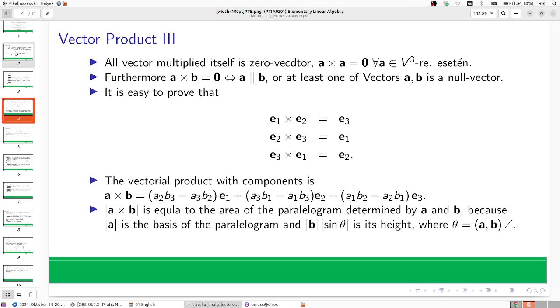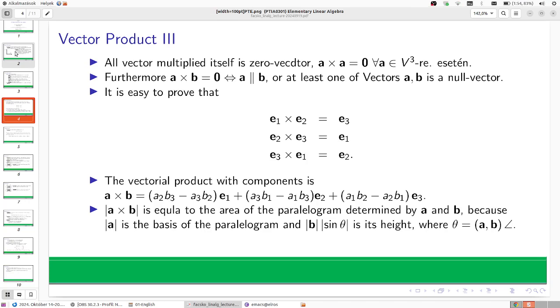Which is very important, and we will use in practice the vector product in components. So that's it. I will not read it. You have vector A, vector B, and the first component is the second component times the third component of the second vector, and so on.